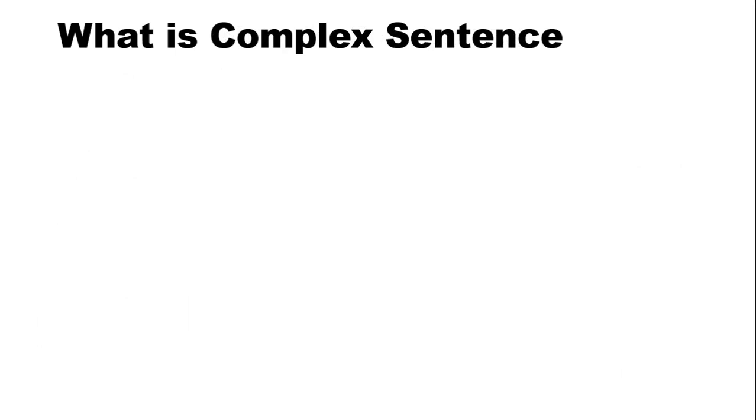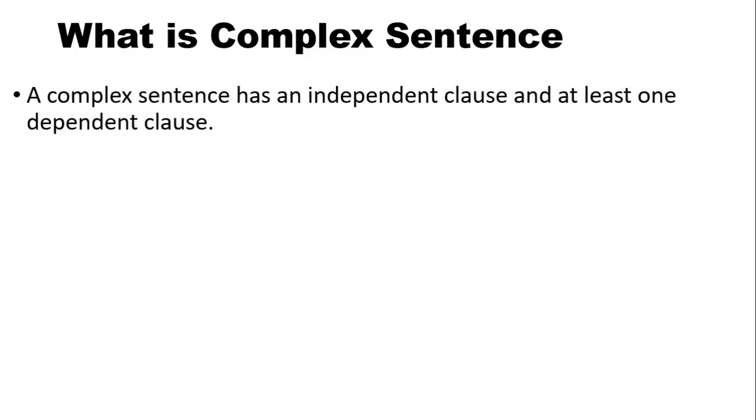So dear boys, now we will move to complex sentences. What is a complex sentence? A complex sentence has an independent clause and at least one dependent clause. We were talking about simple sentences. A simple sentence is a totally independent clause which has no dependent clause.